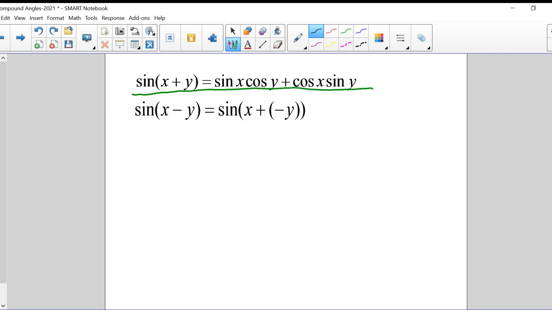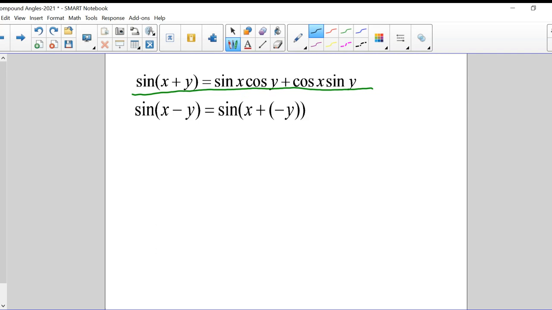Well, I'm going to show you now for the first time how these identities work. So this says the sine of x. Instead of saying x minus y, I said x plus minus y, which is the same thing as x minus y, but I'm just using plus minus y, so it looks like a sum instead of a difference. So I'm going to follow what this is saying.